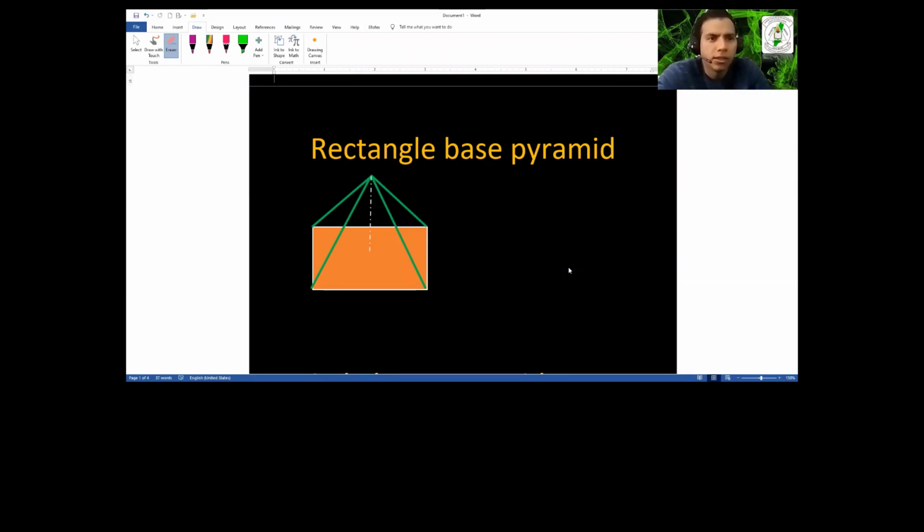So let's consider the length to be 15.1 meters, the width to be 9.3 meters, and the height to be 11.4 meters. All right, as I previously mentioned, the volume of any pyramid is 1/3 the area times the height.